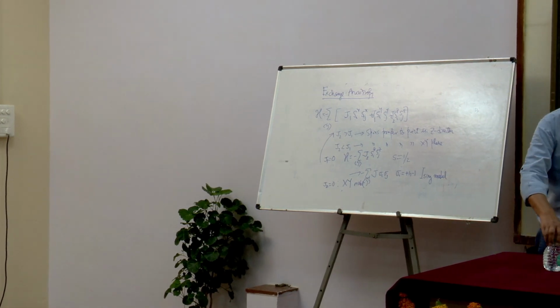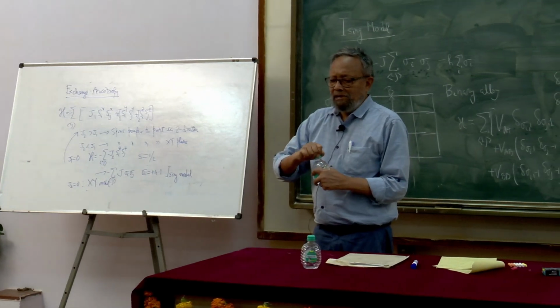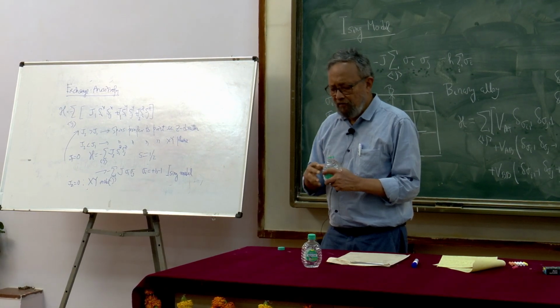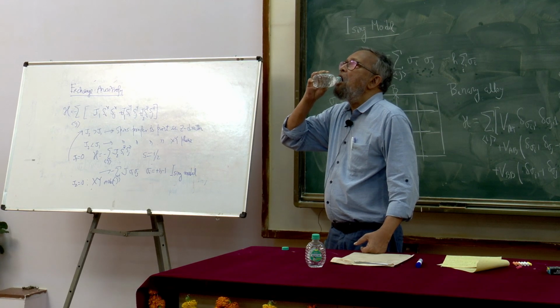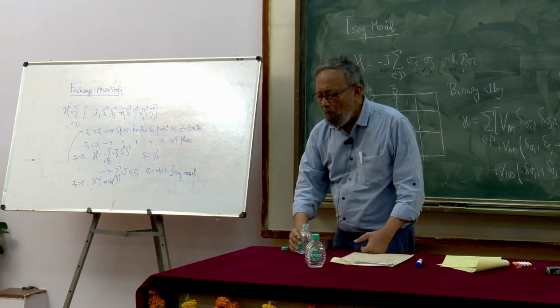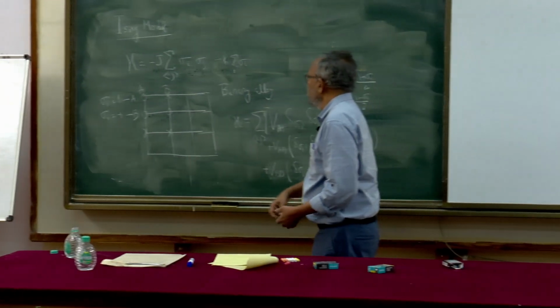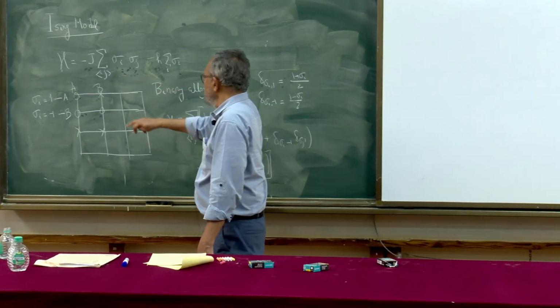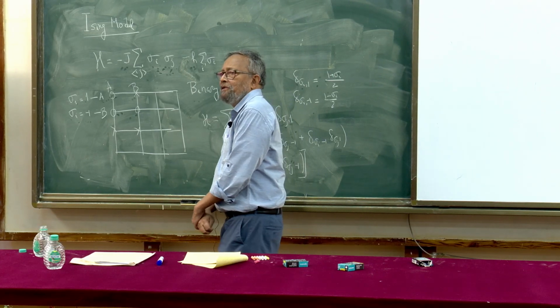There is one more thing that I need to point out when I am looking at this kind of analogy. There is a little bit of difference between the standard Ising model in magnetism and this model. Can anybody see the difference?